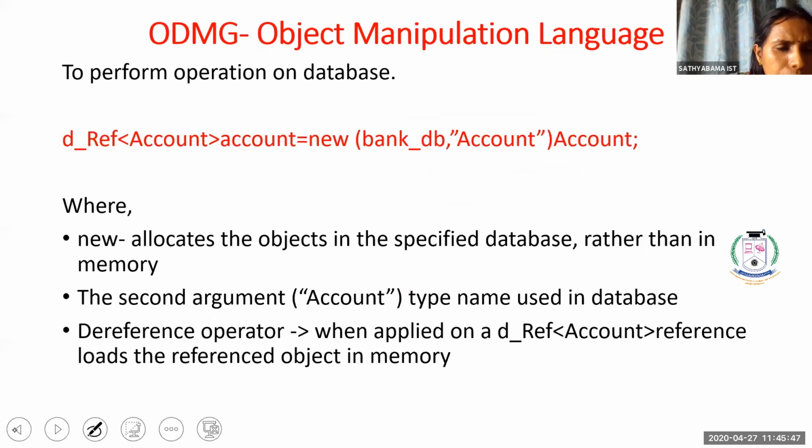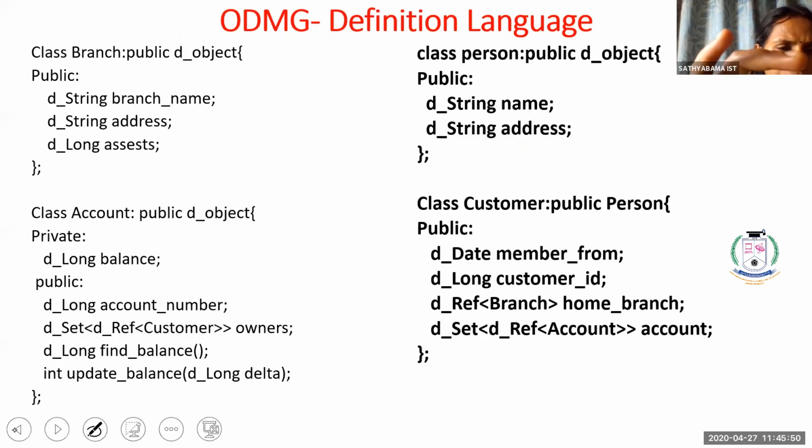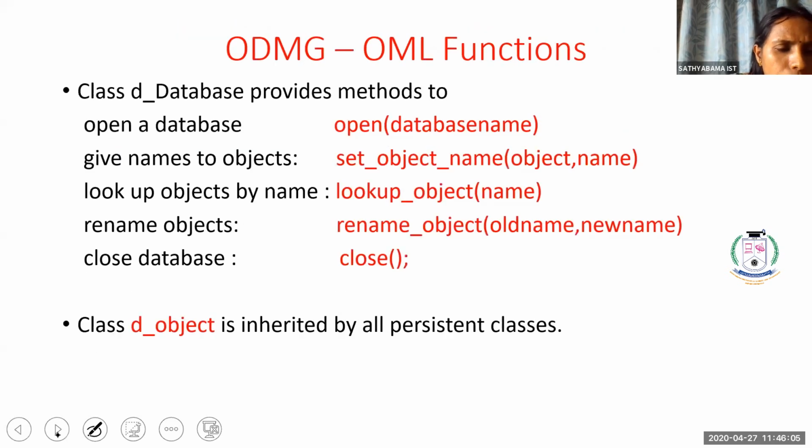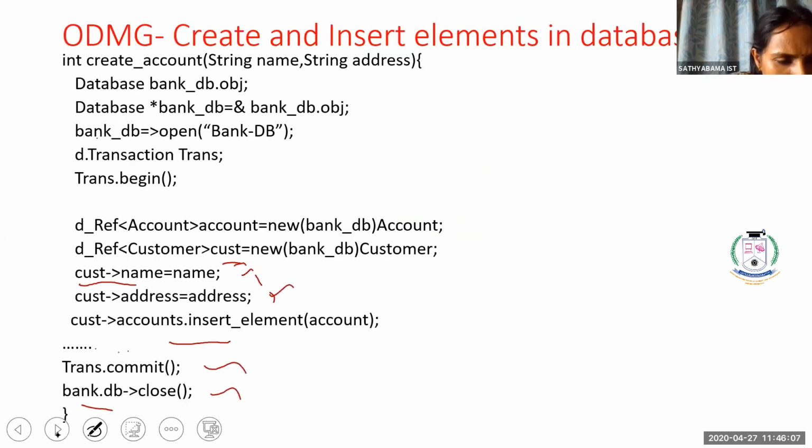That means for the first, the ODL, what we have done in this ODL, we have defined all the schema. The schema is defined: we write the attributes, and we write the methods, and also we define the relations. So these are the things we did in the ODL. In OML, once the schema definition is done, the structure is in your hand.